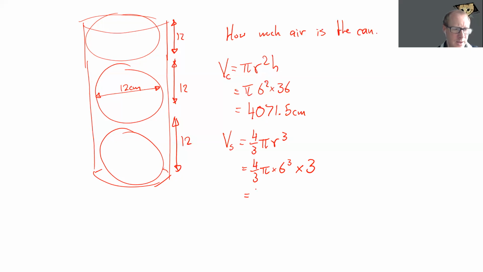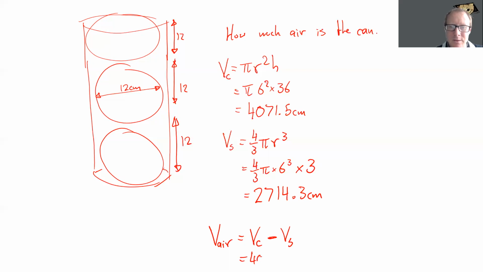And I'm just putting this in my calculator. And we get 2,714.3 centimeters cubed. Now, to figure out the volume of the air, we need to do the volume of the cylinder minus the volume of our spheres.